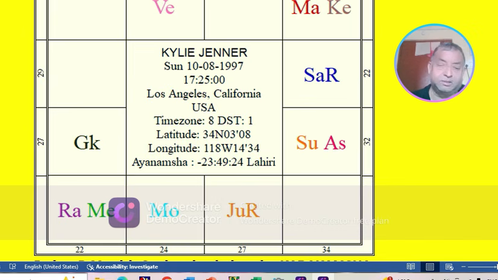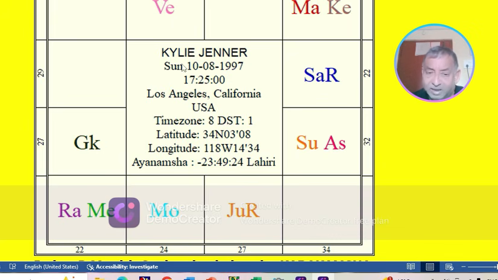Now find the 11th lord from the Karakamsha Lagna, Sagittarius. When Sagittarius is the Karakamsha Lagna in Shashtiamsha, the 11th house is Libra. Who is the lord? The lord is Venus.